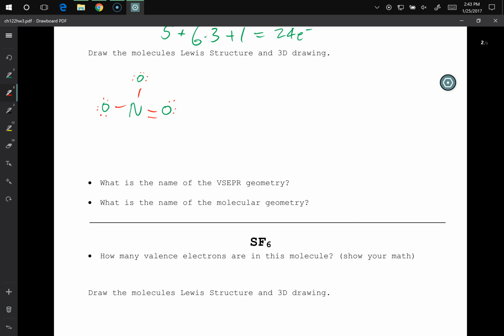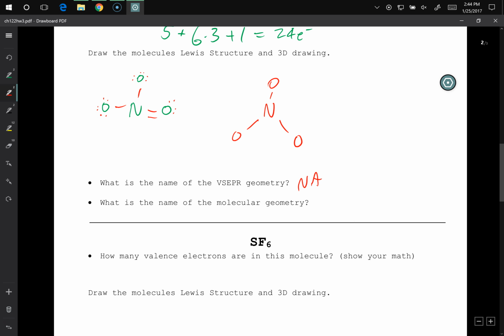Okay, so what's the structure for this? I've got one central atom, and how many things are connected to it? Only 3 things are connected to it. Trigonal planar. Is there a VSEPR? Nope, nothing on the central atom.